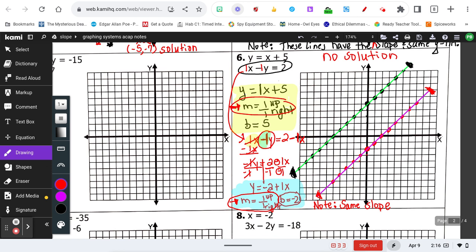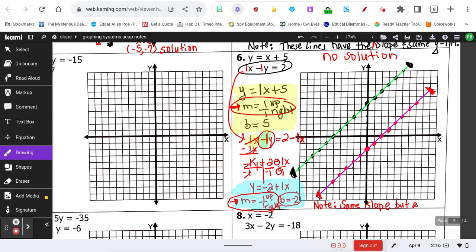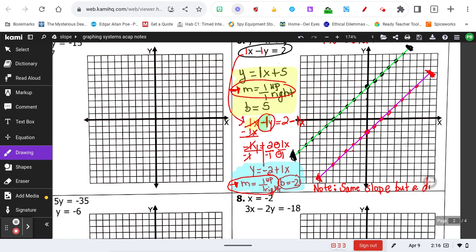So what you want to put is they have the same slope, but we're going to use the word but, a different y-intercept. I'm going to use INT for intercept.